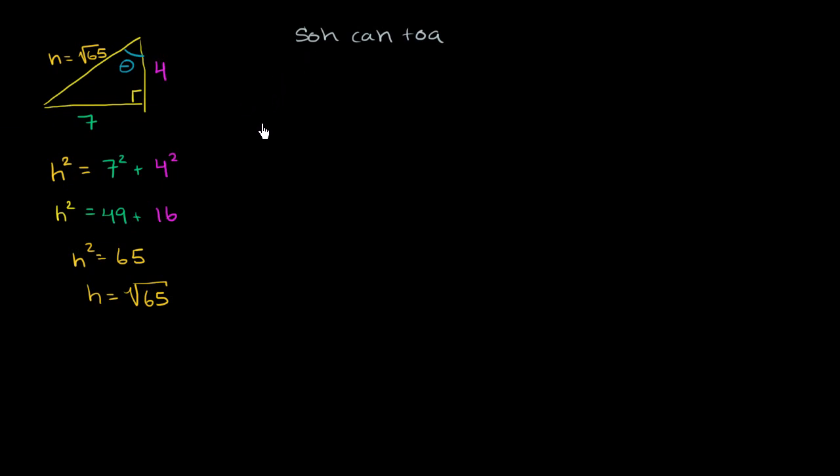Let's say we wanted to find the cosine of our angle. You say SOHCAHTOA. So the CAH part tells us that cosine is adjacent over hypotenuse. So let's look over here. To theta, what side is adjacent?